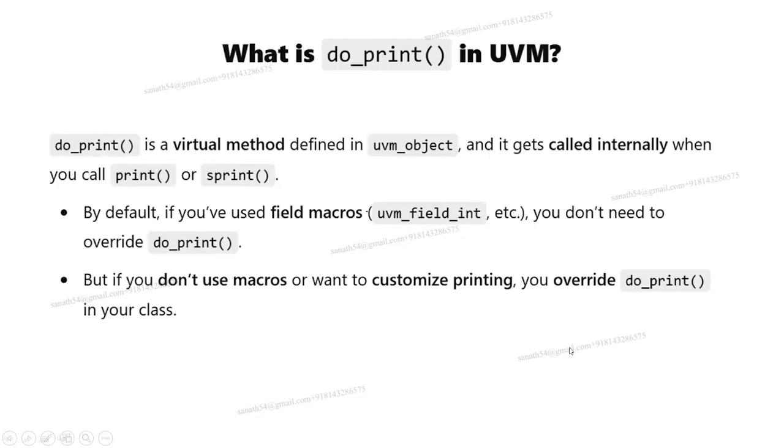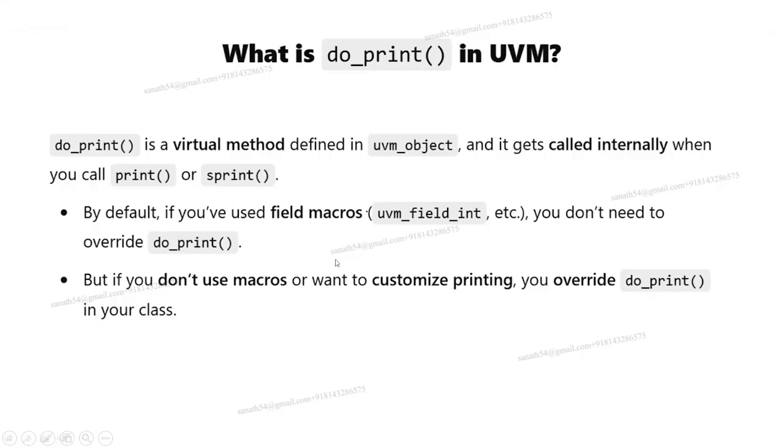Do print in UVM is a virtual method. It gets called internally when you are printing. When you call print or sprint, it will go into this internal function, that is do_print. By default you use the field macros.